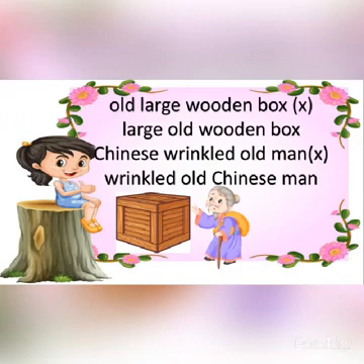So first what will we write? We will write the quality, then the age, then the origin. So the correct order is wrinkled old Chinese man. I hope this order of adjectives is clear to everyone.